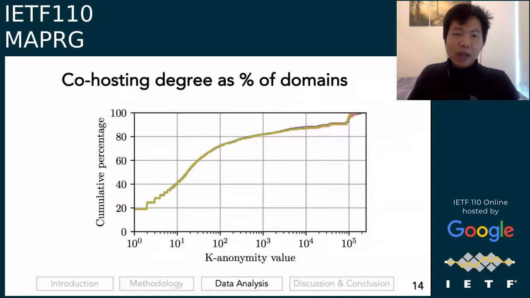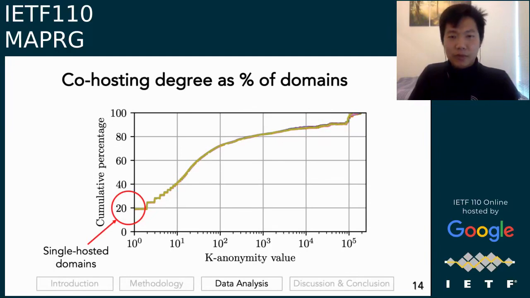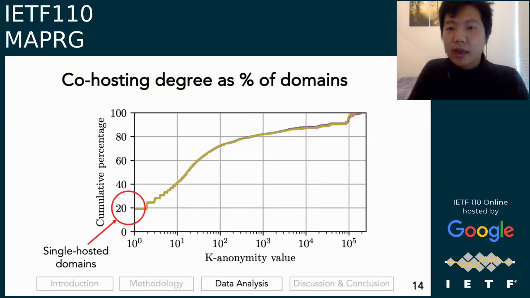Next, we analyze the co-hosting degree as the percentage of all domains. 90% of domains are single hosted, which means these domains will not gain any privacy benefit from domain name encryption. And the rest, 80% of domains, are co-hosted with more than one domain.